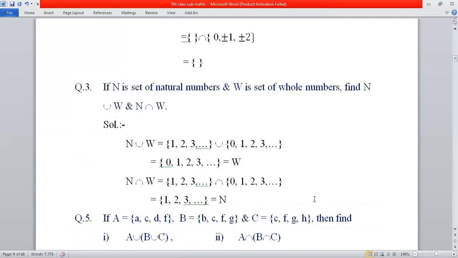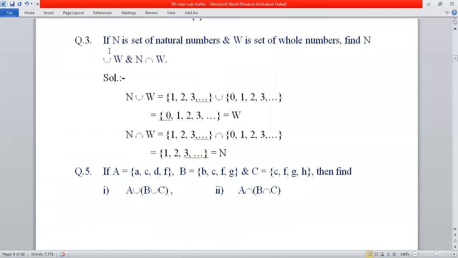Before starting question number 3, in the previous lecture we also discussed that N is used for natural numbers and W is used for whole numbers. The natural numbers and whole numbers are approximately the same.